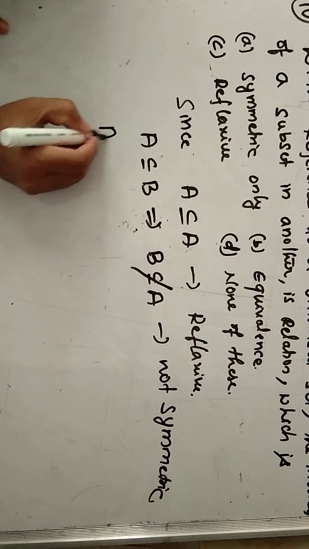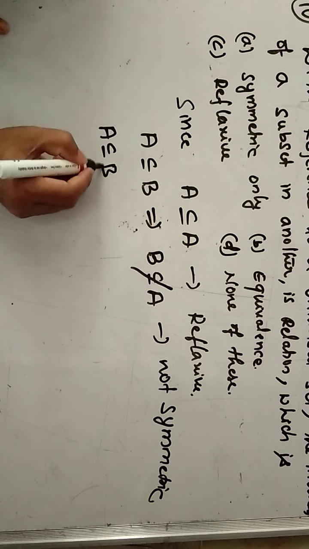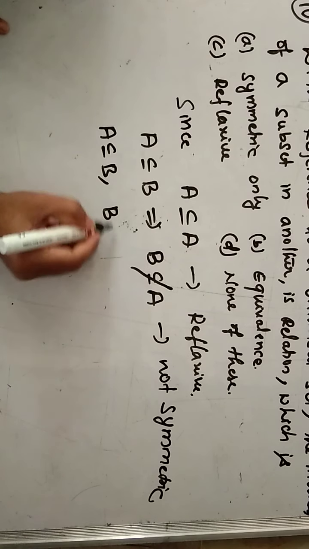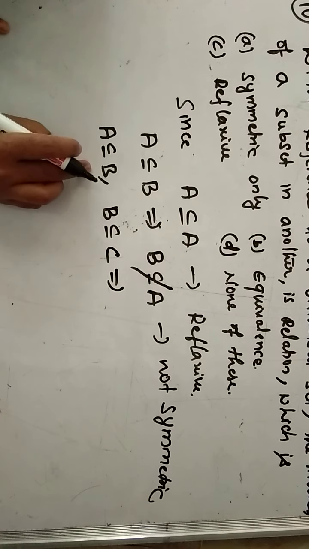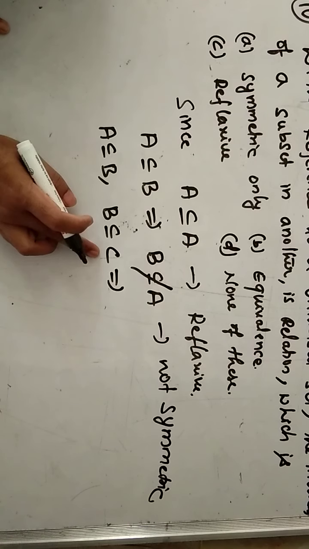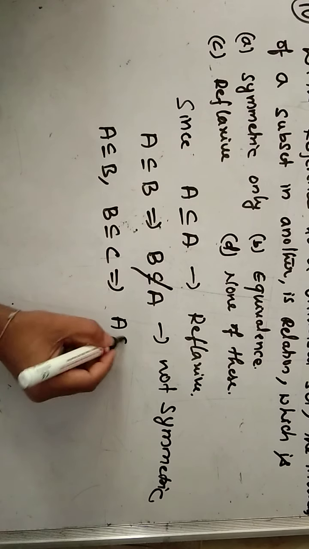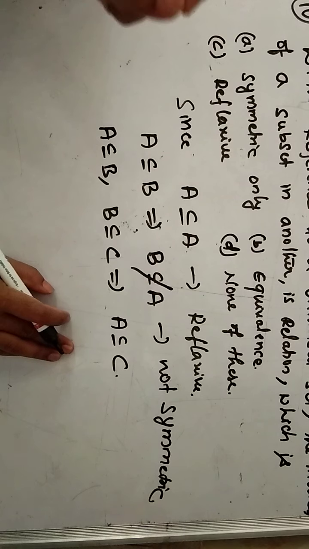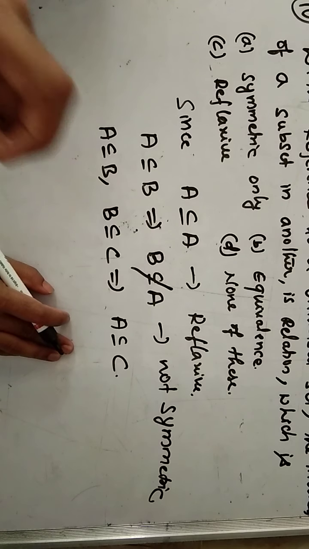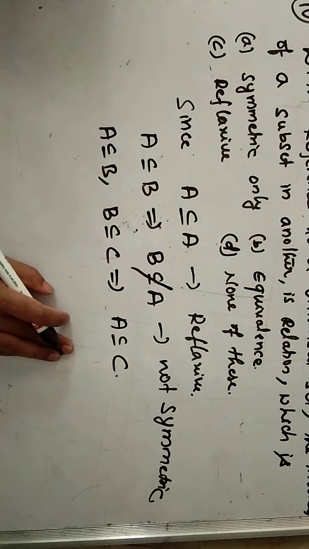Now let A be a subset of B and B be a subset of C. It implies A is a subset of B, B is a subset of C. Can we say that A is a subset of C? Yes. We will take A as {1, 2, 3}, B as {1, 2, 3, 4, 5}, and C as {1, 2, 3, 4, 5 up to 10}.